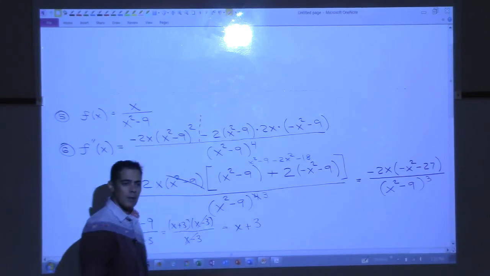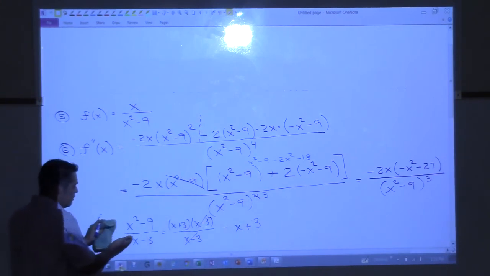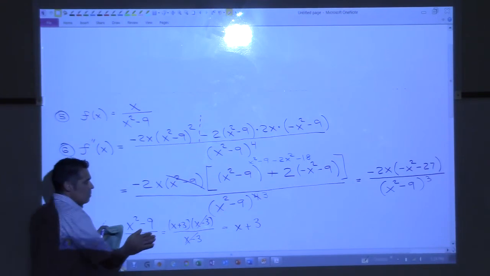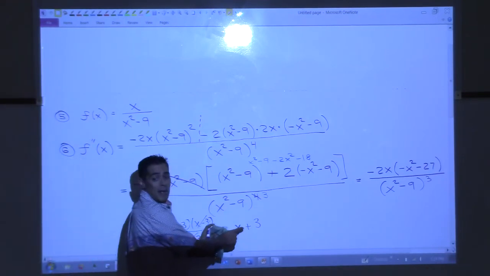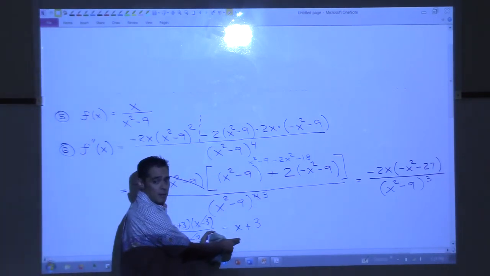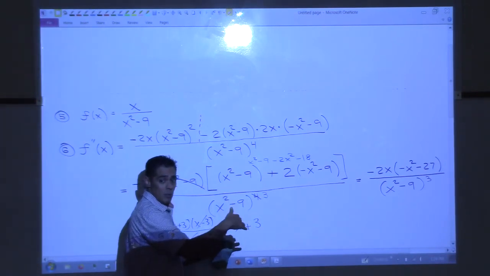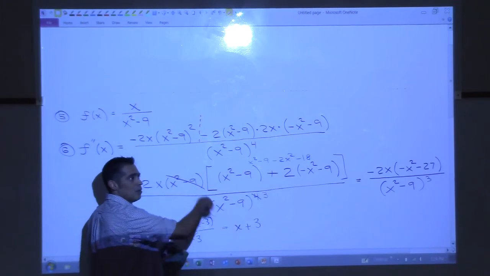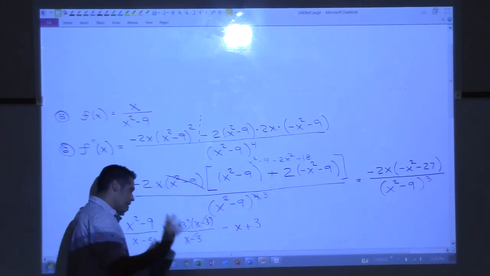So if I ask you over here, what would make this numerator 0? You would say 3 and negative 3. But if you come over here and look at this expression and ask what would make this 0, you're only going to say negative 3. You've actually lost one of your answers. And I think that's what you're concerned about: if I cancel this, am I going to lose one of my answers? Well, here's the thing.